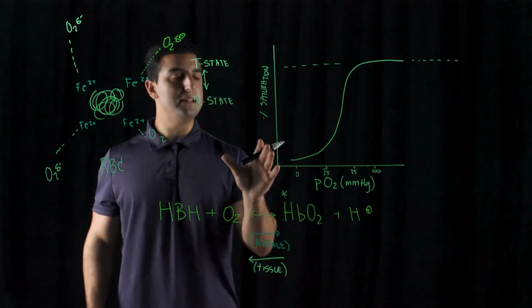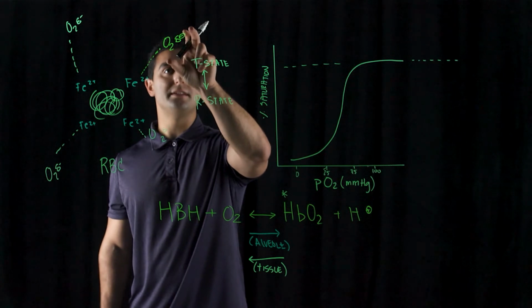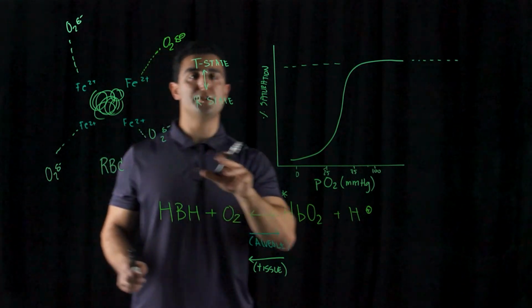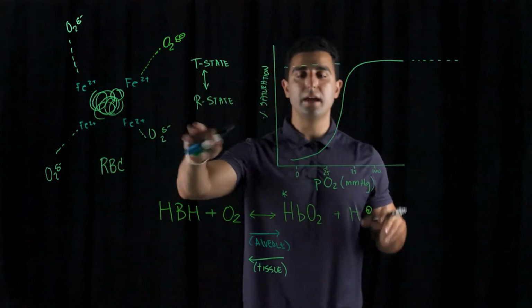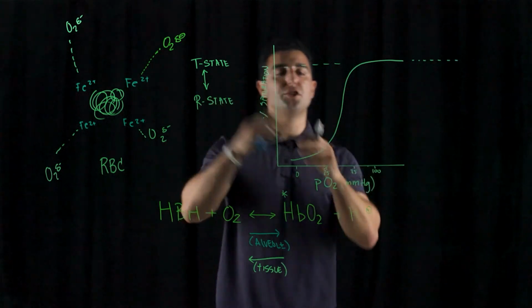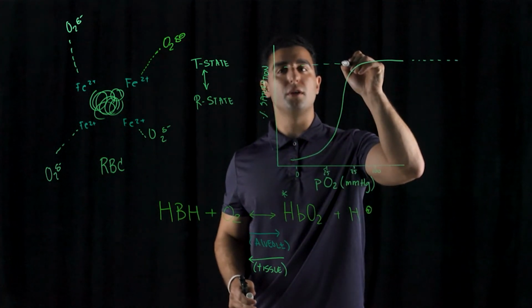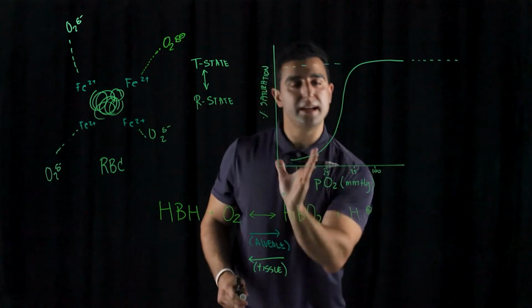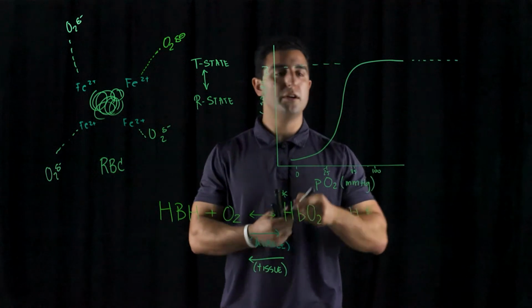And so cooperativity, again, is when there is one binding of oxygen to this ferrous group, it changes from a tight state to a more relaxed state. The receptors become more readily available for the oxygen to bind. That's why you see this exponential growth of saturation, and this exponential growth is the whole phenomenon of cooperativity.